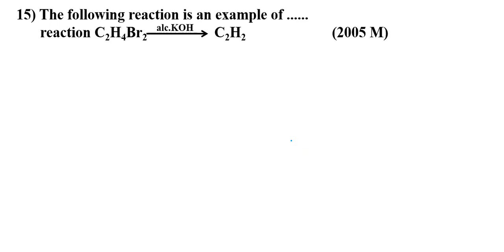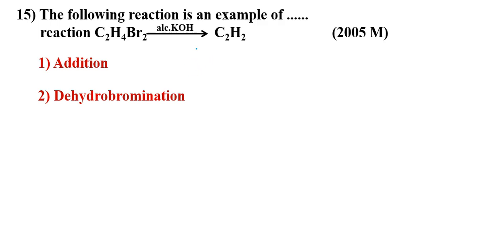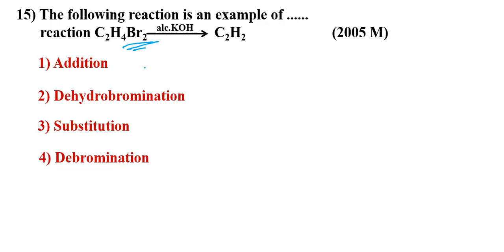The following reaction with alcoholic KOH is an example of which reaction? We just discussed it. It is an elimination reaction, HBr. The options are dehydrobromination, substitution, debromination. Debromination is not it. Hydrogen and bromine both are releasing. That's why D, meaning elimination.